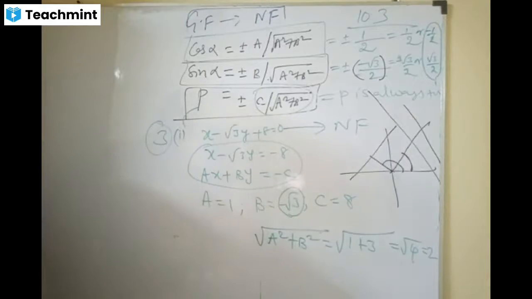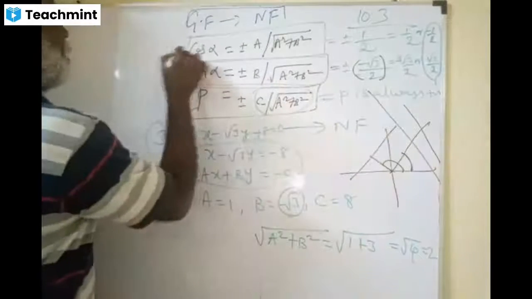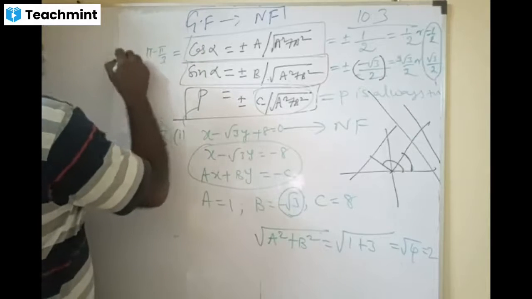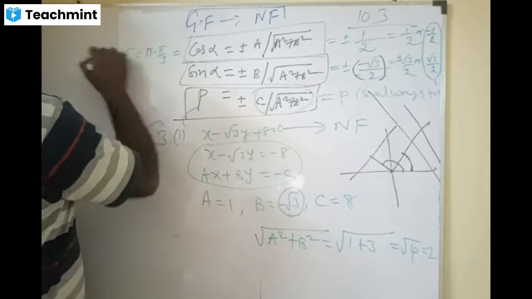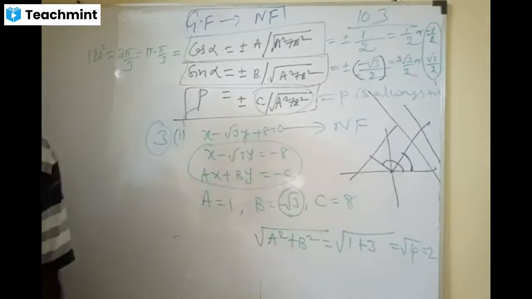Second quadrant means, what is that angle? 1 by 2 means 60 degrees. Therefore, it is pi minus pi by 3, second quadrant. That is called 2 pi by 3. That is called 120 degrees.